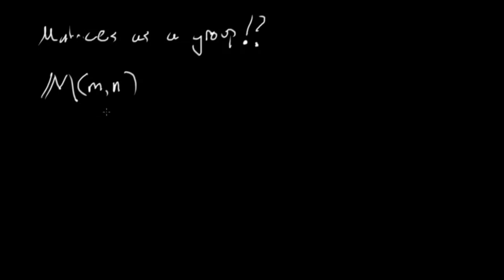Is this set of matrices a group? All right, so let's see. What are the properties that you need to check if something's a group? Why don't you go ahead and pause now and remember that and try this out. And then once you've thought about it for a little bit, we can talk it out.